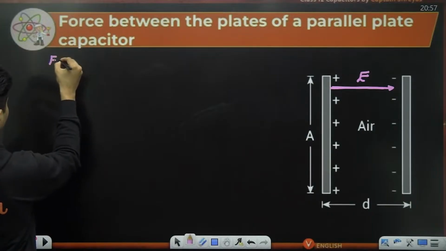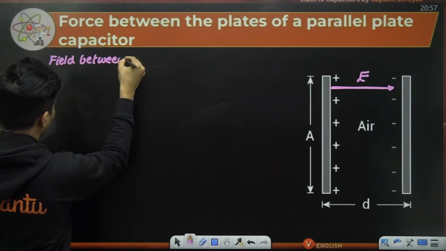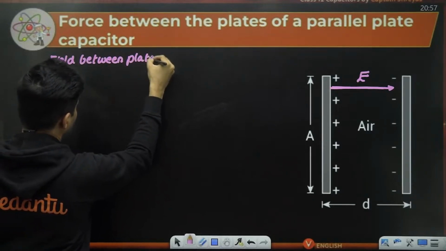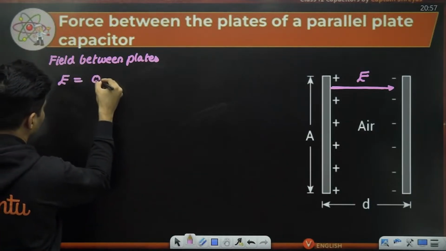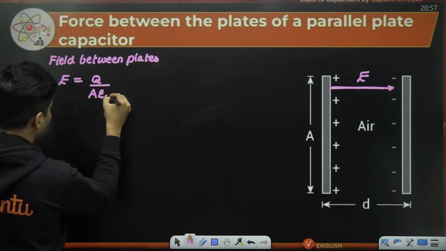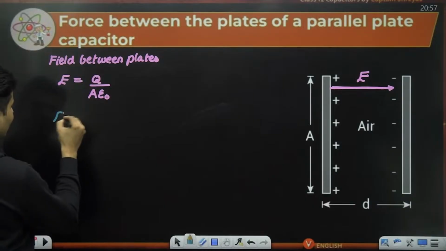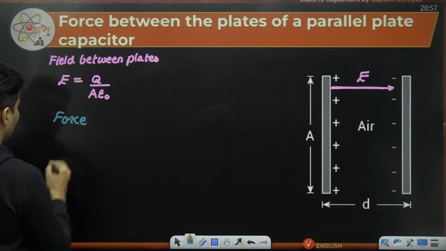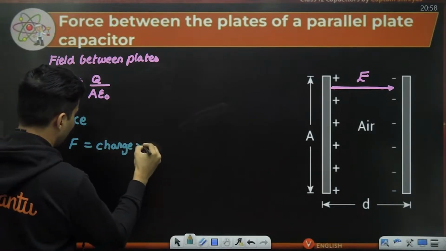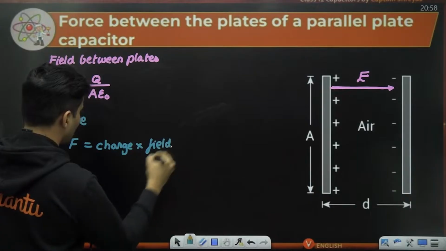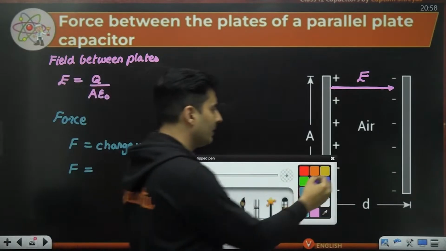So the field between the plates is nothing but Q divided by A epsilon naught. So then one can argue that the force F is nothing but the charge multiplied by the field.